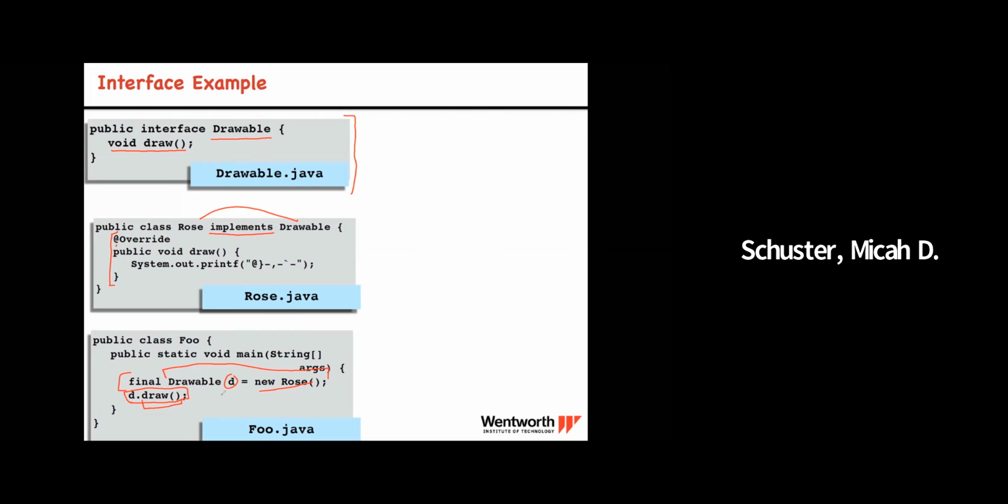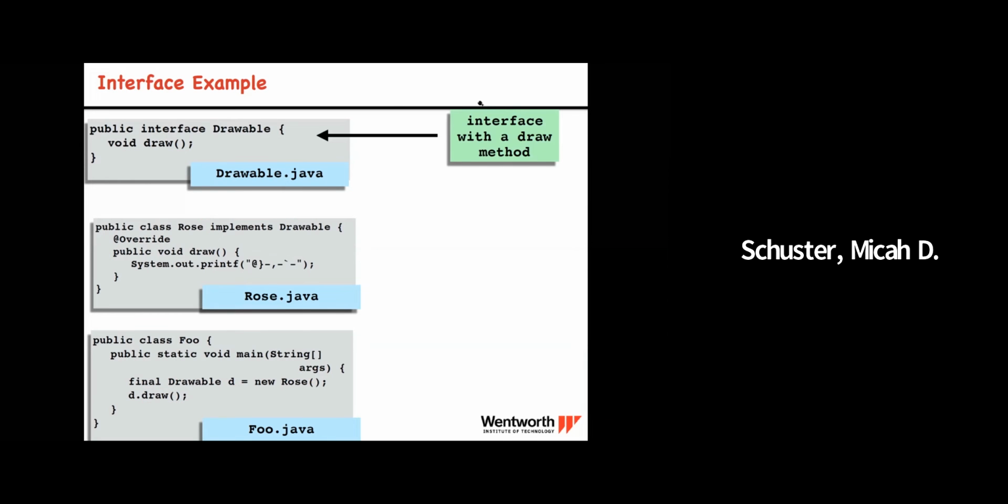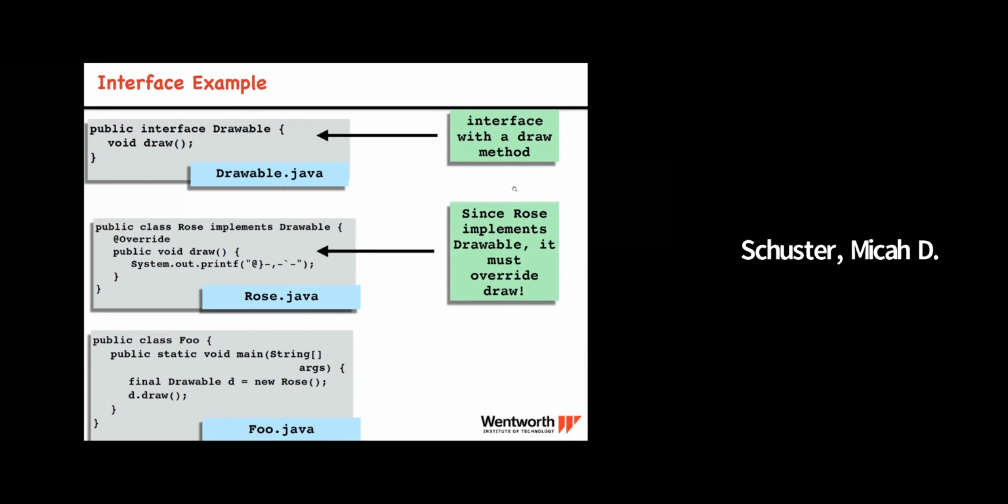And we're guaranteed that they will all be able to use the draw method, because that's the contract. So the interface contains a draw method. Rose implements Drawable, so it must override draw, and a new Rose can be typed as a Drawable. That's a way to get polymorphism.